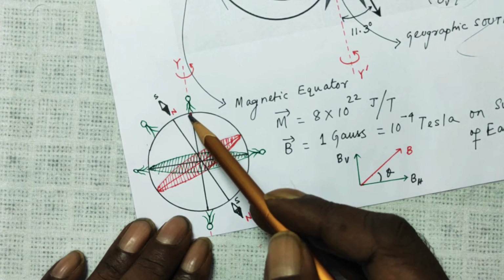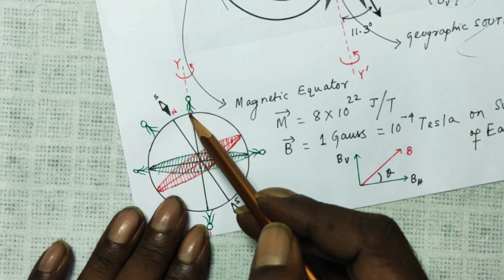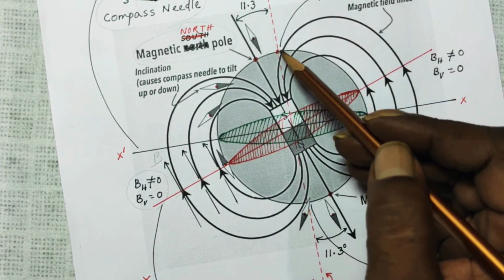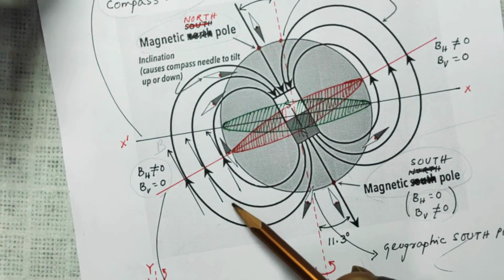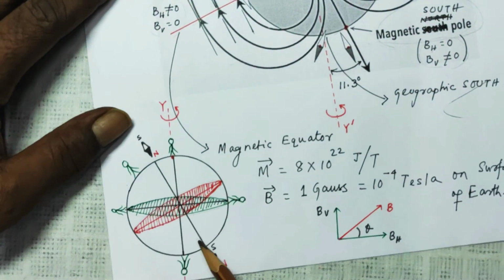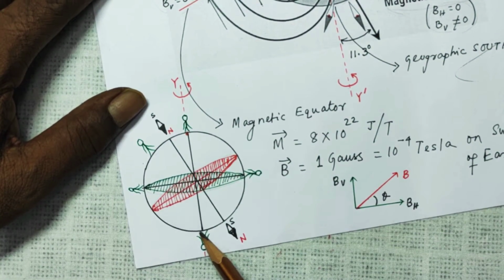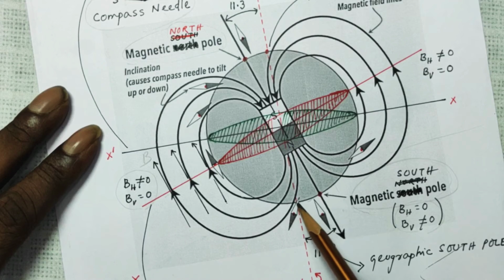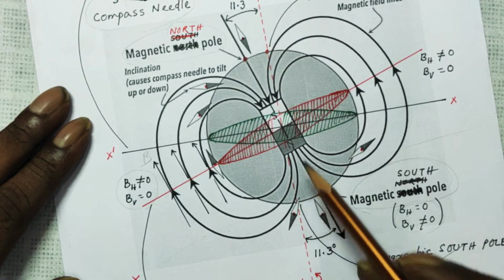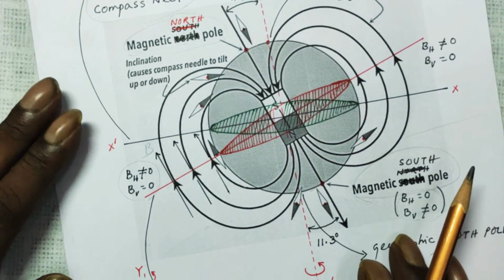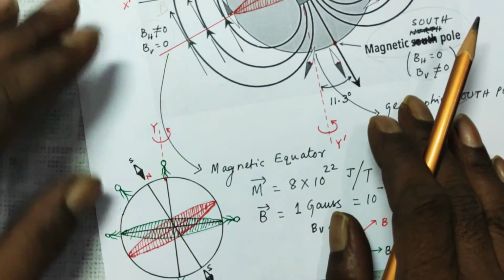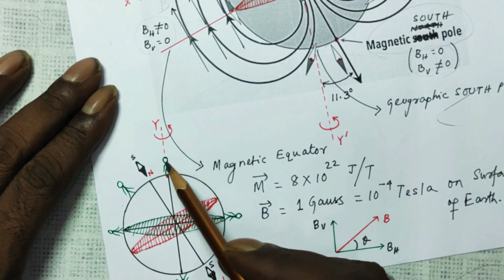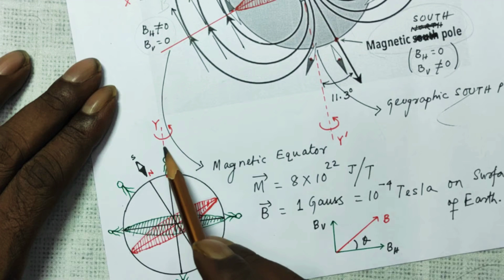A person standing here. This point is the same thing as this point. Right. And this point is the same thing as this point. That is geographic south. This was your geographic north. A person standing here, his head will be to this side.